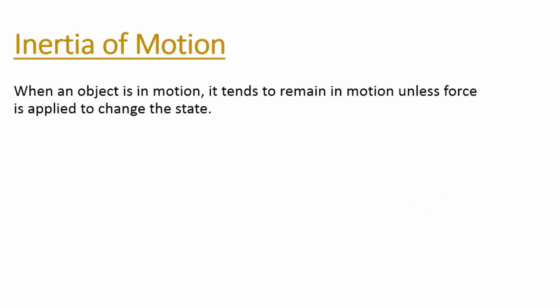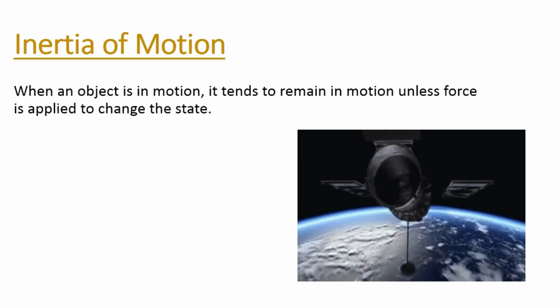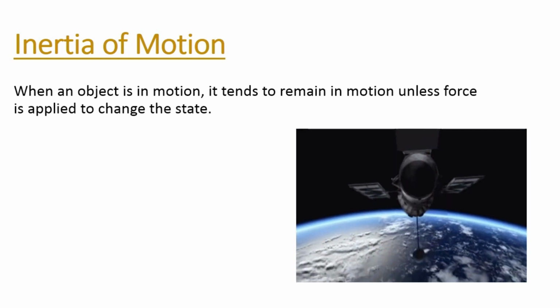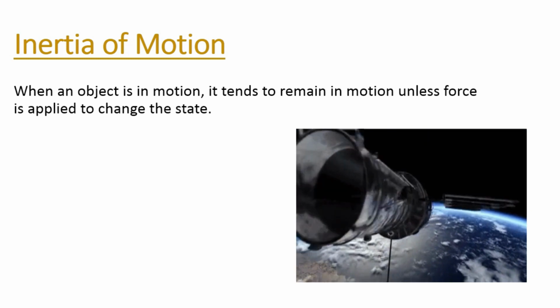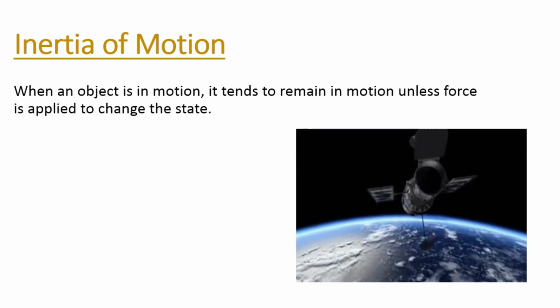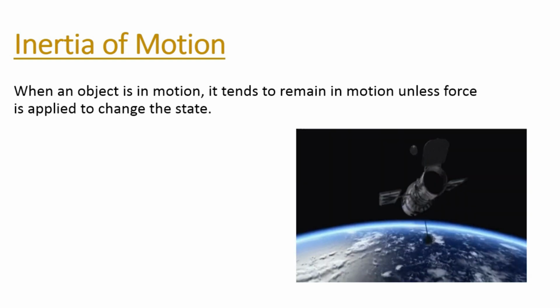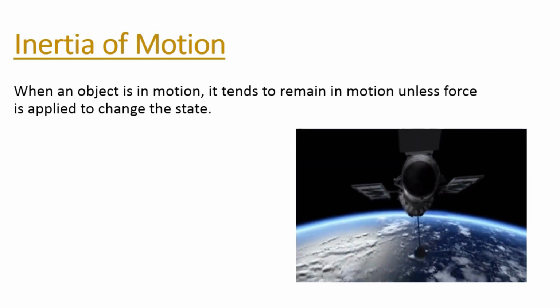An object is in motion and it tends to remain in motion until force is applied to change the state. Now, this is the example. This satellite is in which state? Motion. So it tends to remain in motion state until we apply a force to bring it to the rest state. Now, we will take applications of inertia of motion.